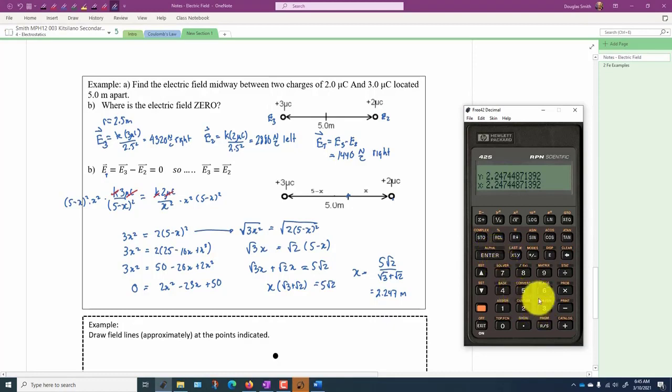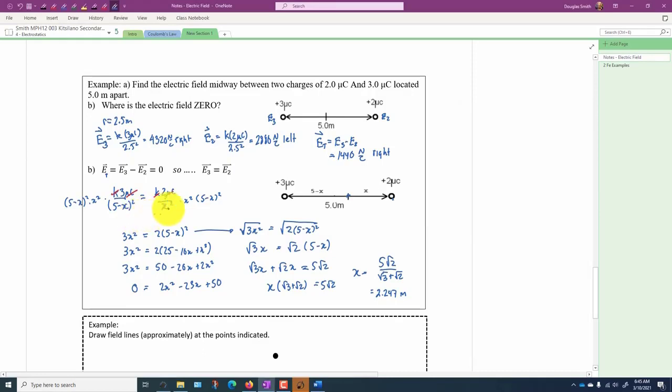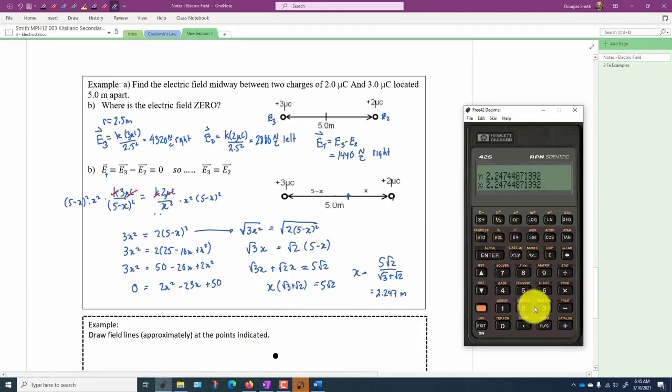I'm going to just look at this proportion again here. I don't need to calculate the times 10 to the negative 6s and the 9s because they cancel out. So I'm going to go 2, and I'll take that distance, I square it, and divide. So this E is 0.396.